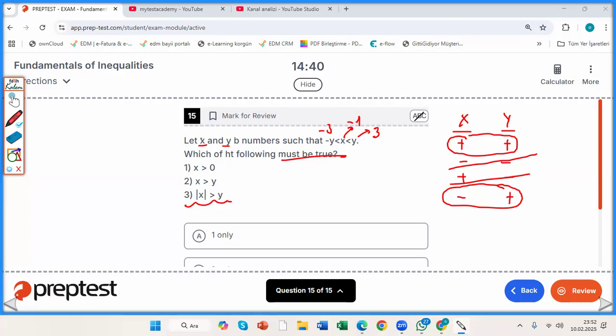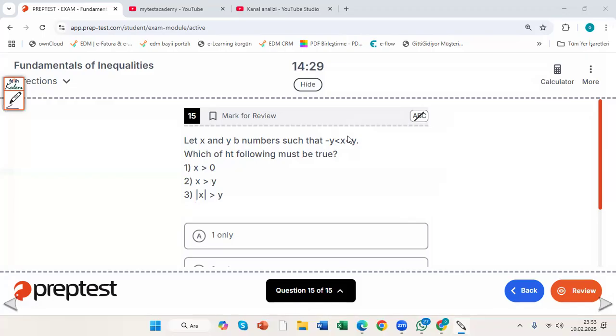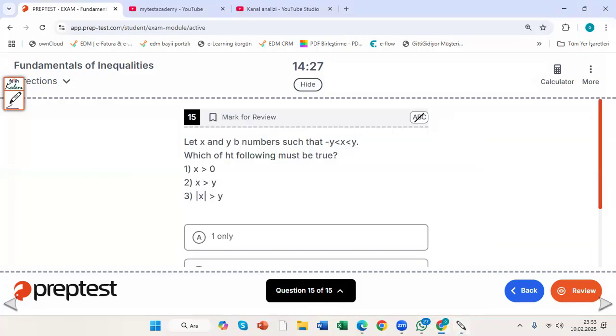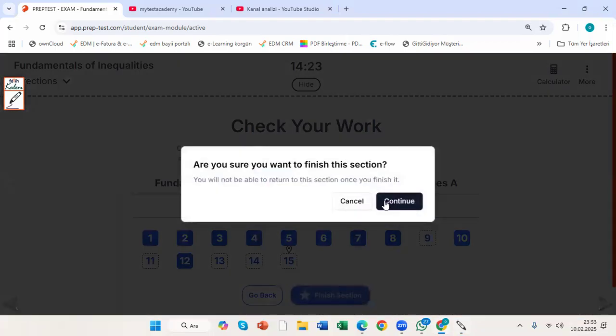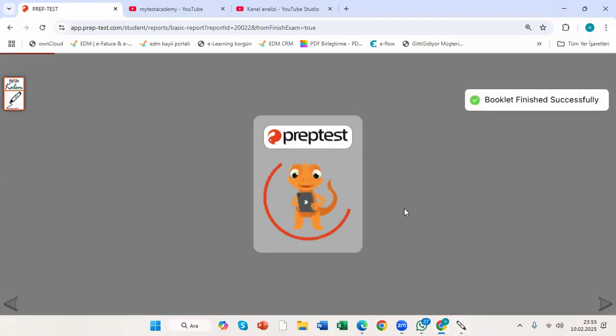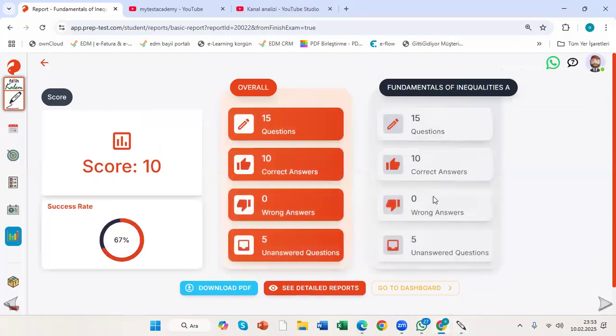That's why I'm not sure 100%, but probably there is some mistake in this question. Okay, so I'm going to check this question once again. So let's check these questions. Okay, there is no problem.